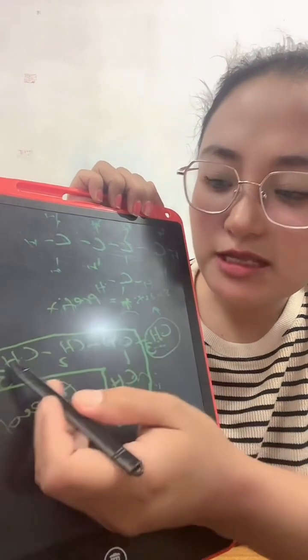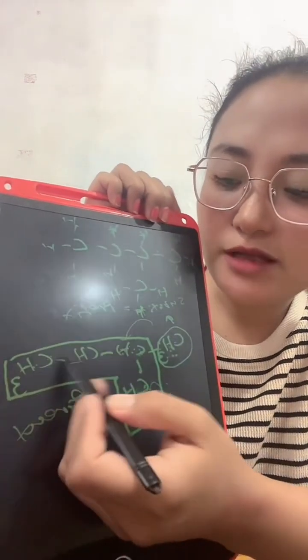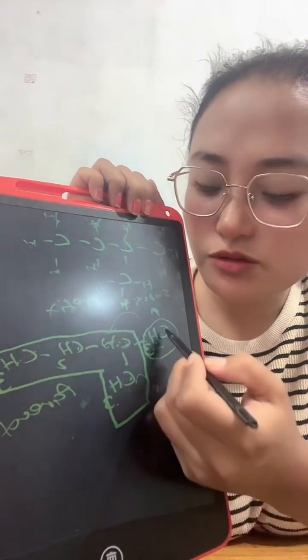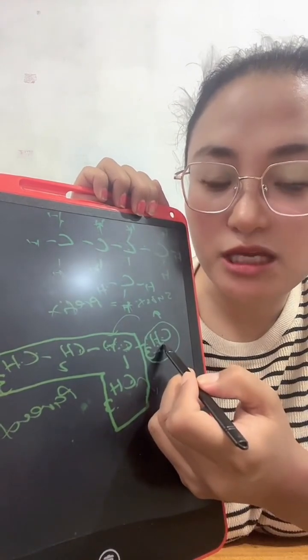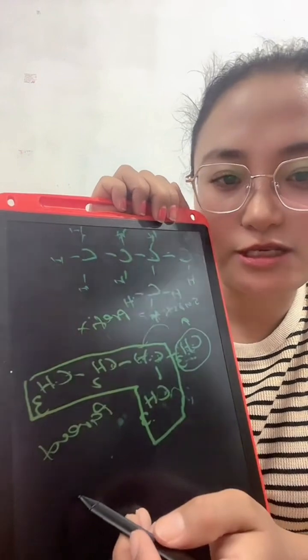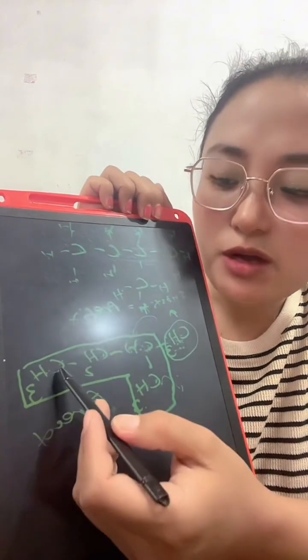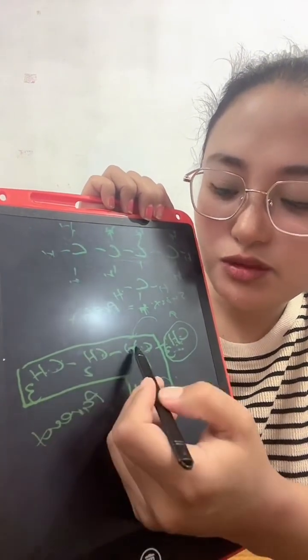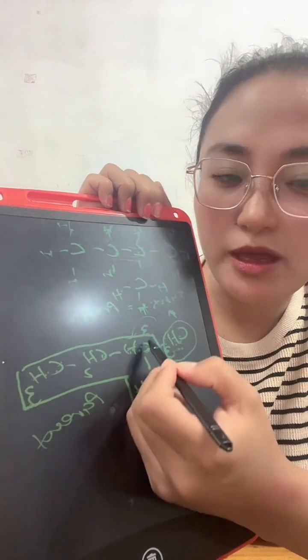So you number 1, 2, 3. You are not going to number the substituent's carbon, only the parent chain carbons get numbers.